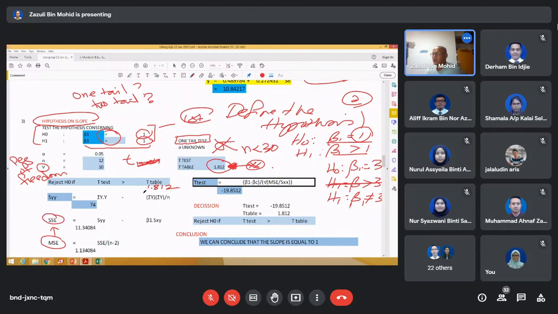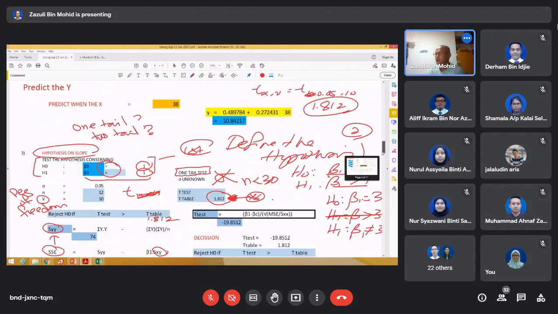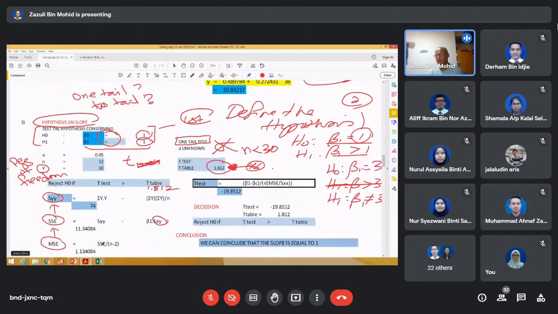And before that, you have the SYY and the SXY, which you can get from the first step here. Then you can calculate it with the formula provided in your slides.